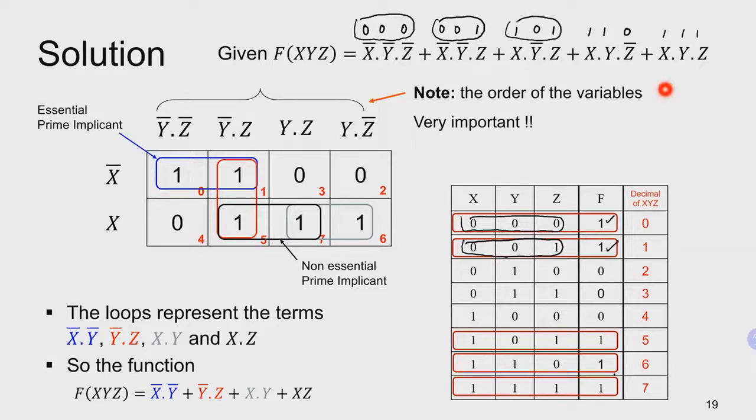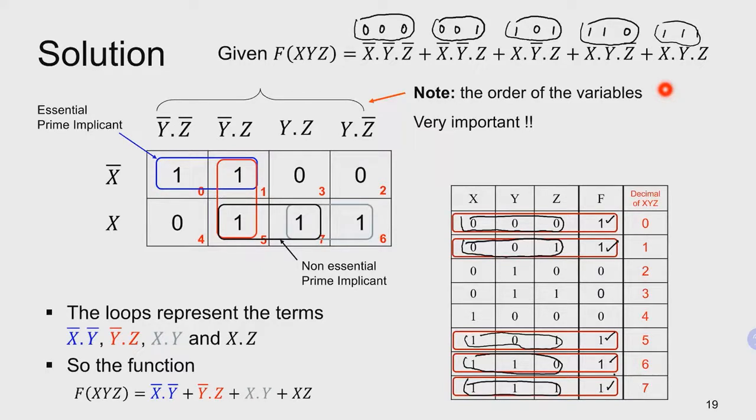And then 1, 0, 1, put a 1. Then 1, 1, 0, put a 1. Then 1, 1, 1, put a 1. So that's how we can fill up our truth table.